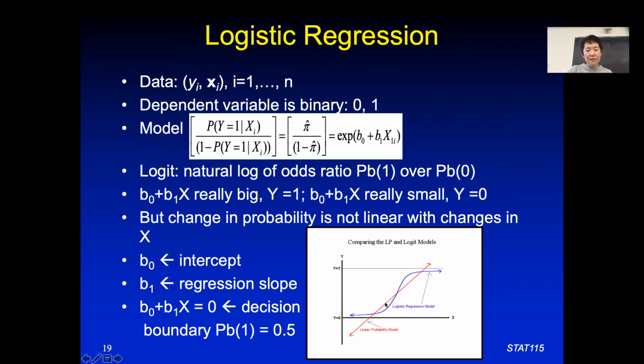Therefore, instead of having the linearity, which can keep going to positive infinity or negative infinity, we use a logit function to convert the original linear function into a likelihood ratio or odds ratio, which is the probability of one over the probability of the other. And so this way, we cap the range of this ratio to be between 0 and 1.